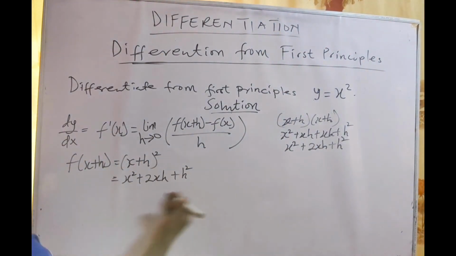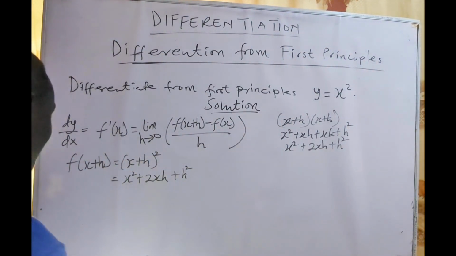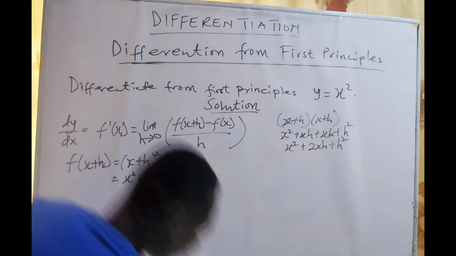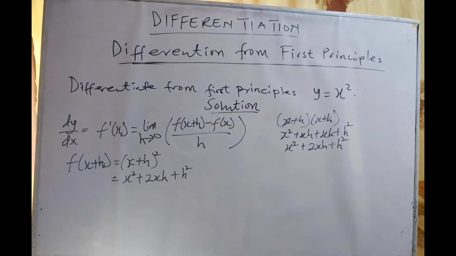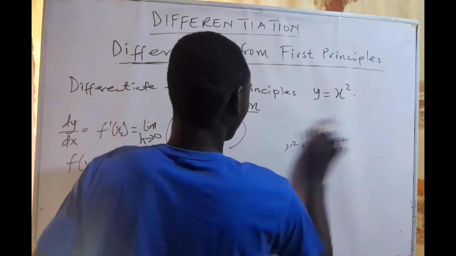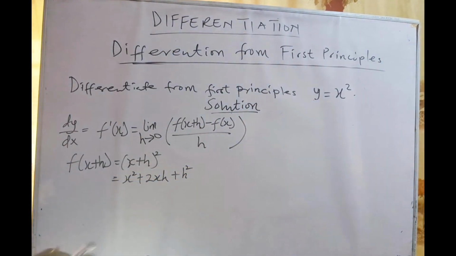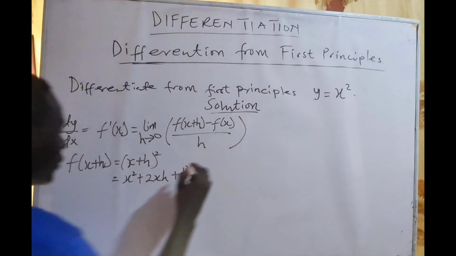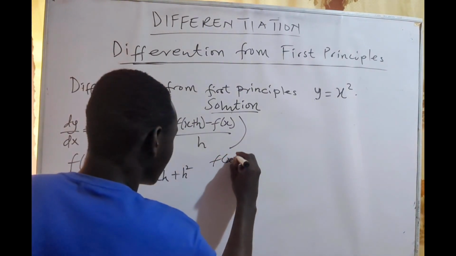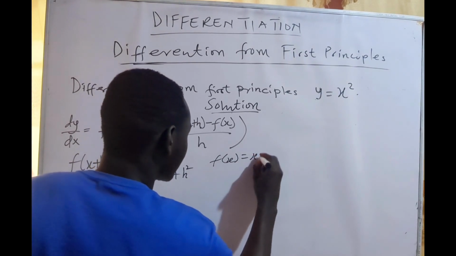It is the same way of solving it. So now we've expanded f of x plus h. Now we know our f of x to be x squared.